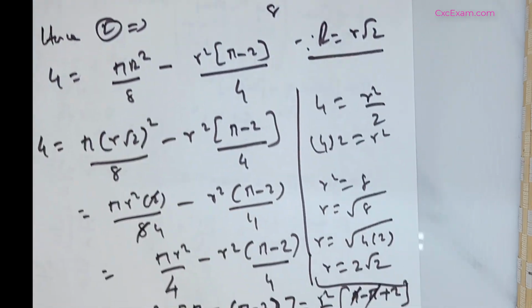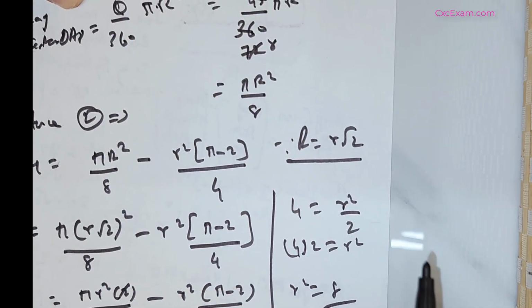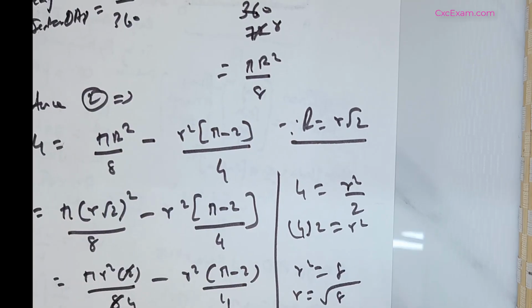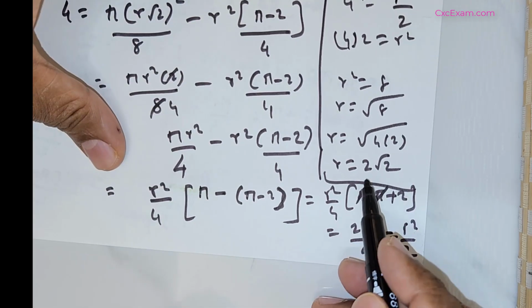The value of R we just got is 2 times root 2.